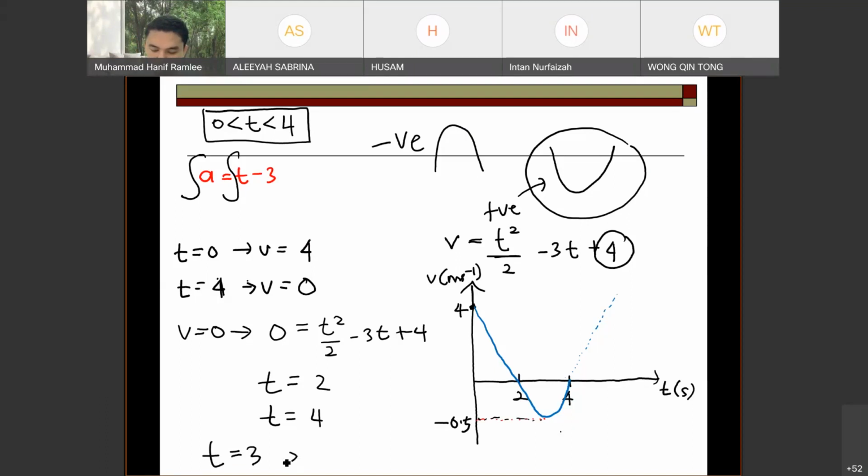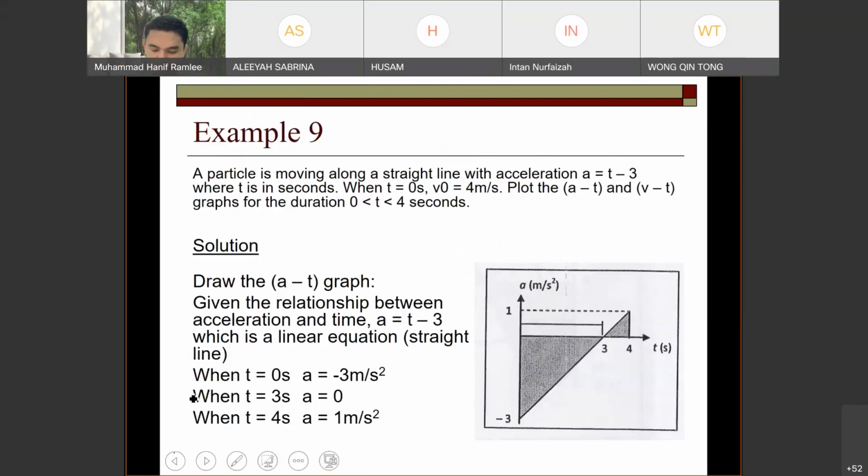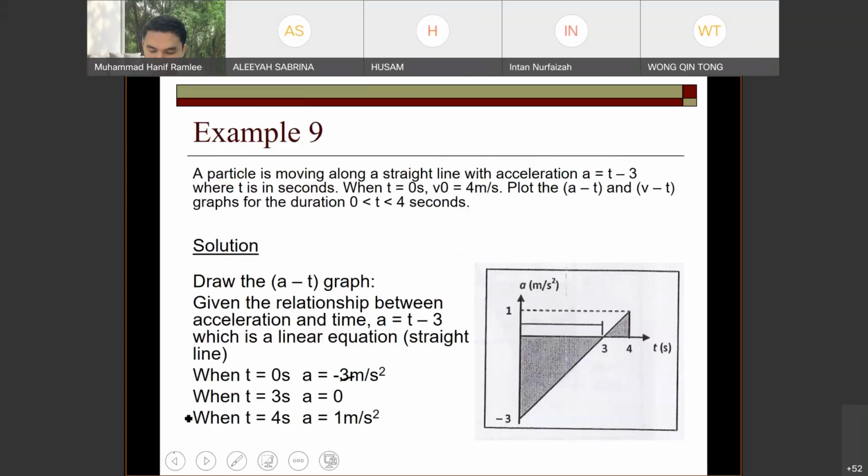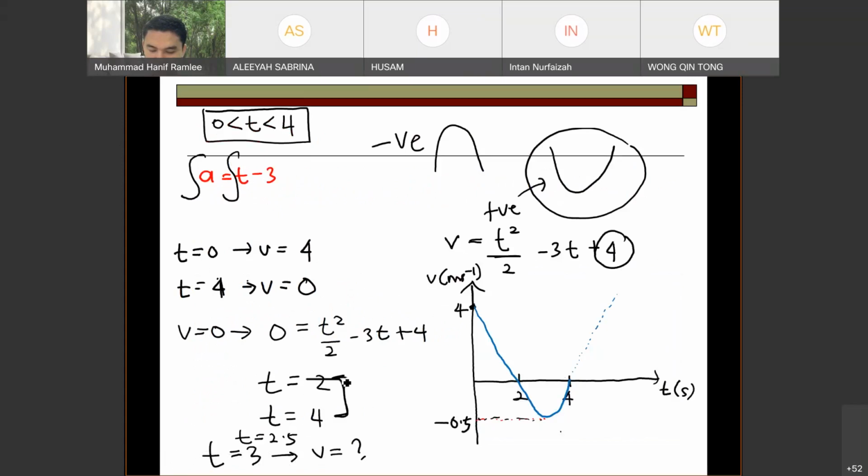When t equals 3, what is the value for v? Or maybe you can put t equal to 2.5. Within this region, 2 until 4, you can put t equal to 2.5, maybe 3.5, to know where the maximum negative value is.